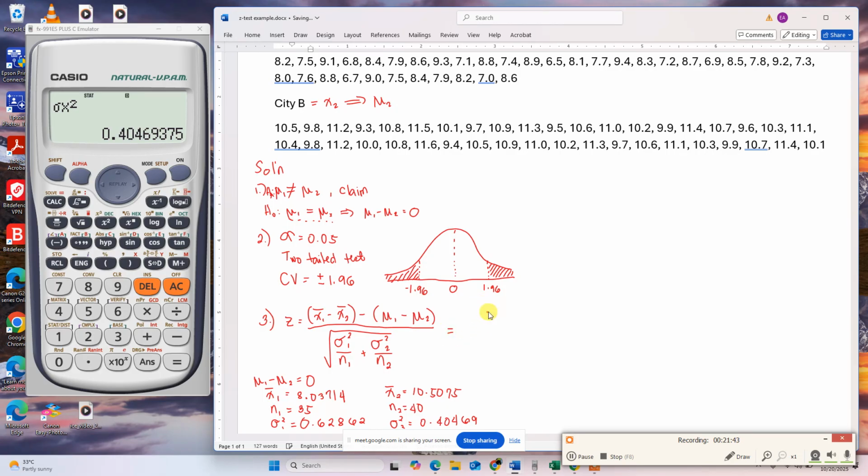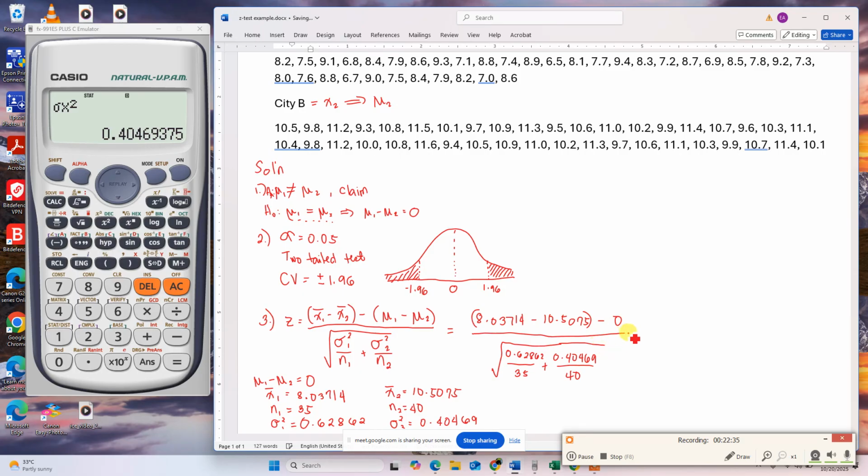You have our sample mean sub 1, which is 8.03714, minus 10.5075, minus 0, over the square root of 0.62862 over 35 plus 0.40469 over 40.